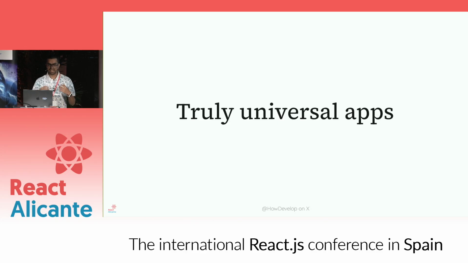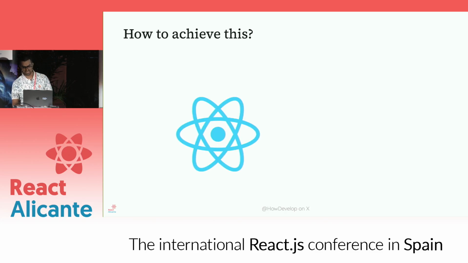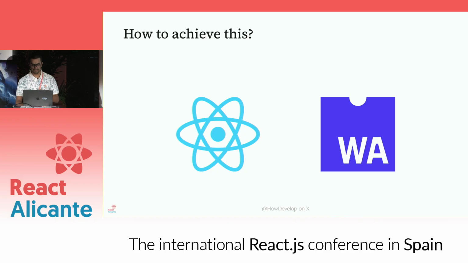Could be because, as we know, JavaScript is limited when it comes to very compute-intensive tasks like AI, or maybe even something like 3D rendering. So in that case, you might want to bring in some external function. But it is a bit hard, and we'll see the reason why, and how we can use WebAssembly to bridge that particular gap. So in order to achieve this, of course, we'll use React Native, and we'll embrace WebAssembly and its growing ecosystem.